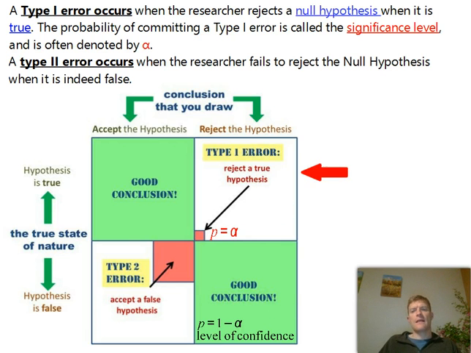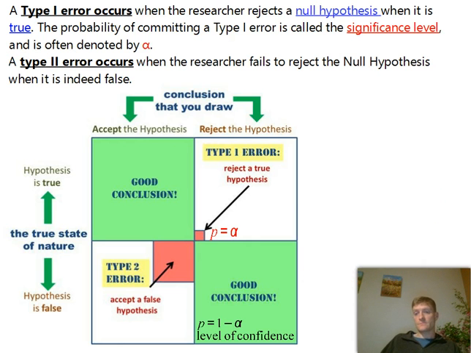Now, if we do either of the other two scenarios, that's our type 1 error and our type 2 error: rejecting a true hypothesis or accepting a false hypothesis. The probability of rejecting a true hypothesis is alpha, our significance level.